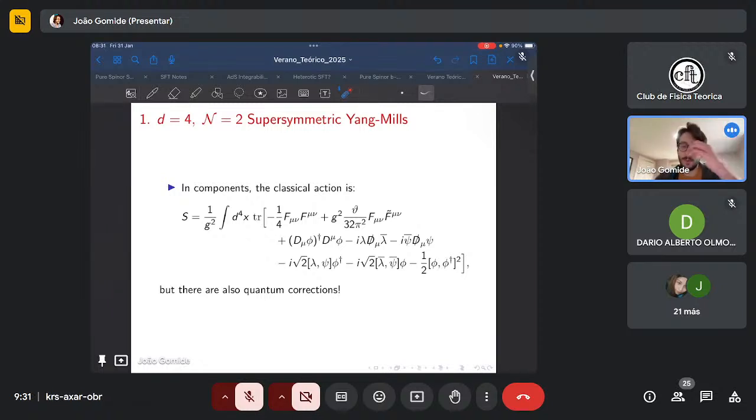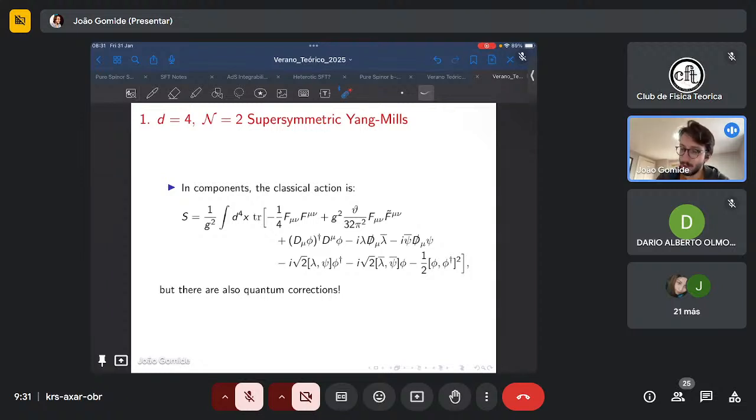But if you want to do a quantum theory, there can be quantum corrections, and the action may get different looking terms.